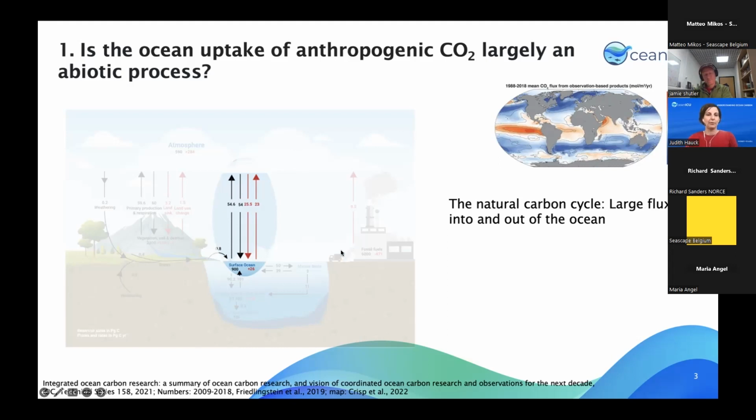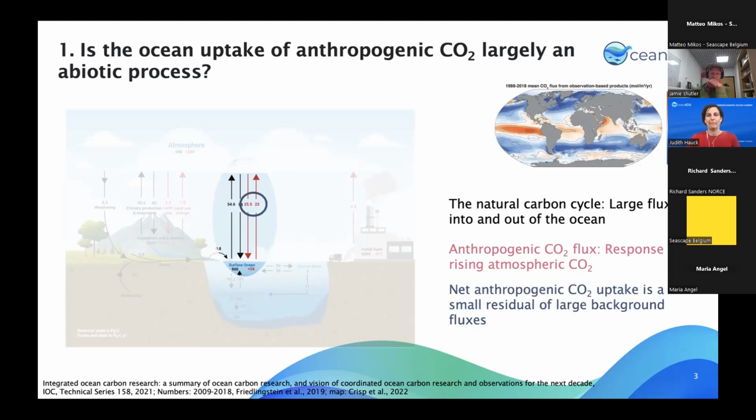And if we go back to the figure on the left and the red arrows, these are the anthropogenic fluxes, which are thought to be or are defined to be the response to rising atmospheric CO2. And even there, the red arrows go into and out of the ocean with large numbers on top of them. And really what we are looking for, at least from the global carbon budget perspective, is the net anthropogenic CO2 uptake, which is a relatively small residual of very large background fluxes.